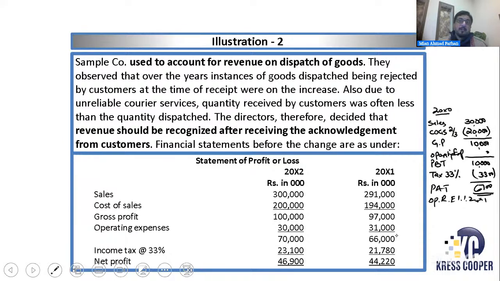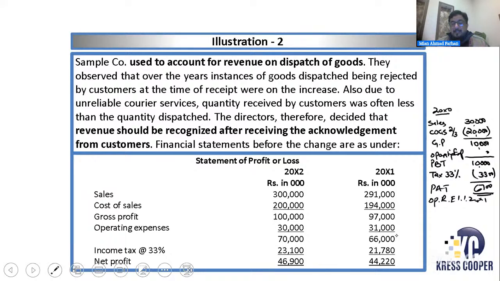Therefore, the entity should recognize the revenue. But if there is some change in transferring the control to the customer, the point in time when the customer will be assuming the control over the goods, then obviously altogether the sales revenue would be changed.